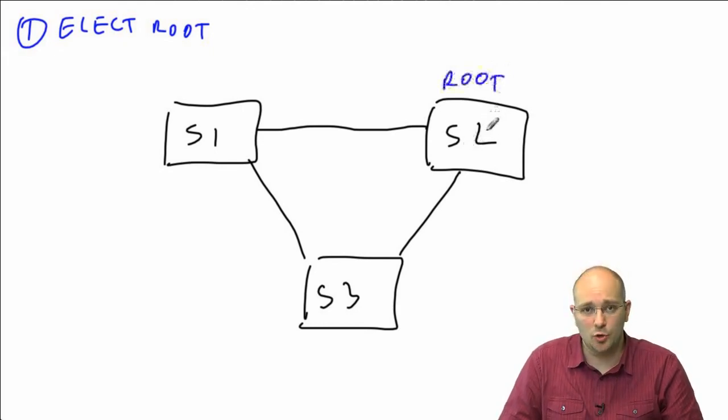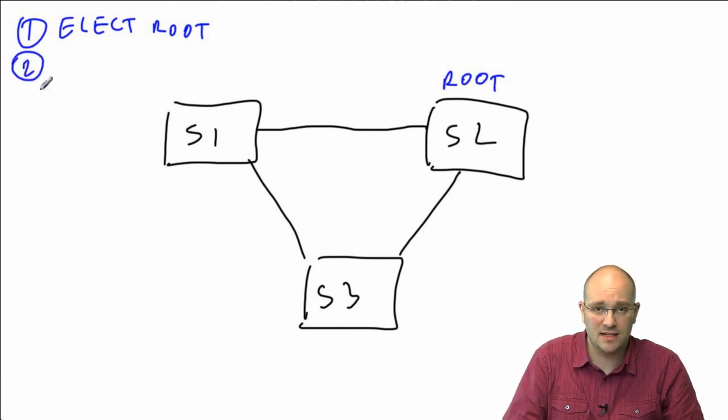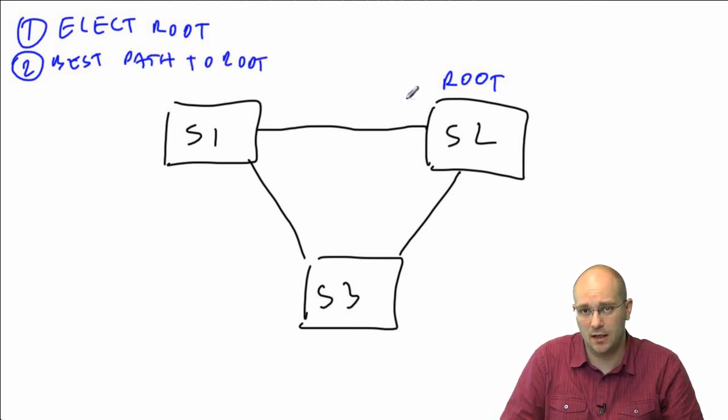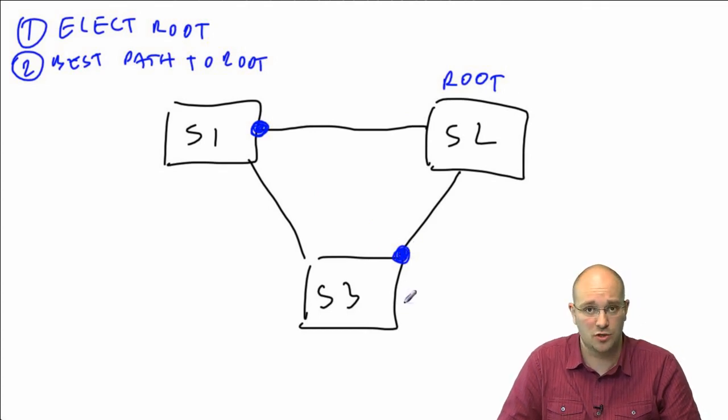In step number 2, each of these 2 switches needs to decide which is their best path to reach the root. So let's put this in here, best path to root. And I will explain in a moment how exactly that works. For switch 1, let's say that this interface here is the best path to reach root, and that this interface here is the best path to reach root from switch 3.